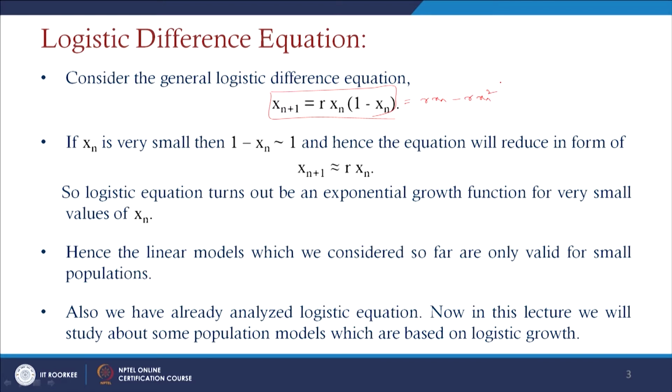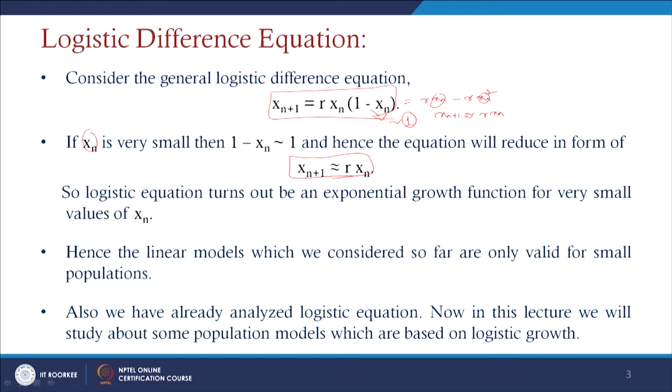If x n is very small, then 1 minus x n is approximated to the value 1, so our model reduces to x n plus 1 approximately equal to r x n.